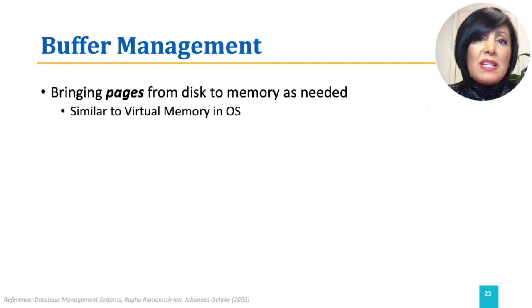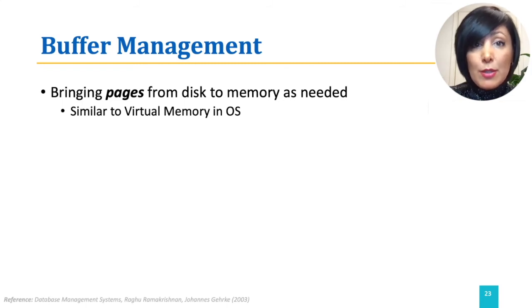Say your database has stored 1 million pages, but main memory has capacity for holding only 1,000 pages of data. If you have a query that requires scanning the whole database, what would you do? All the 1 million pages cannot be brought into the main memory at the same time.